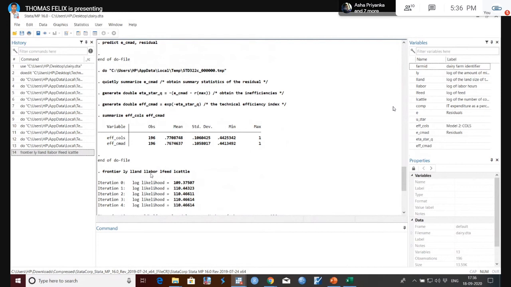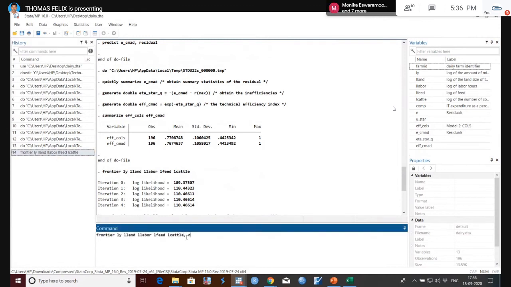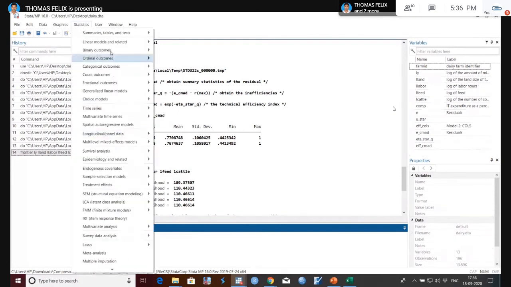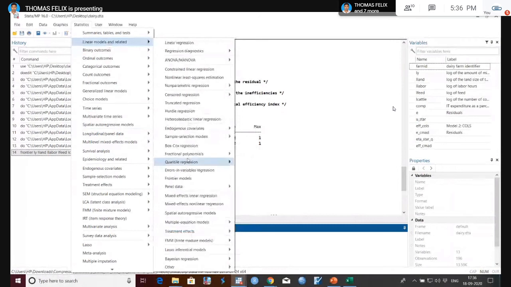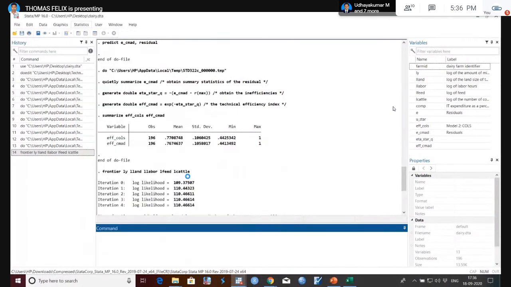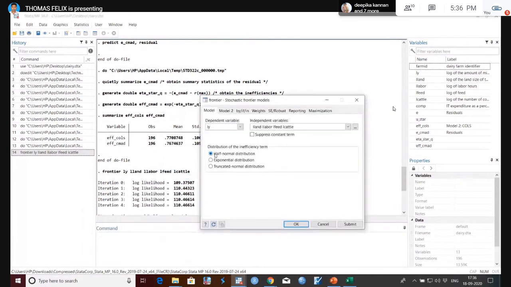If your intention is to calculate the other distribution functions, you can include the distributions. You can type it, or else you can go by menu driven itself, then the frontier model. Earlier we clicked the half normal.